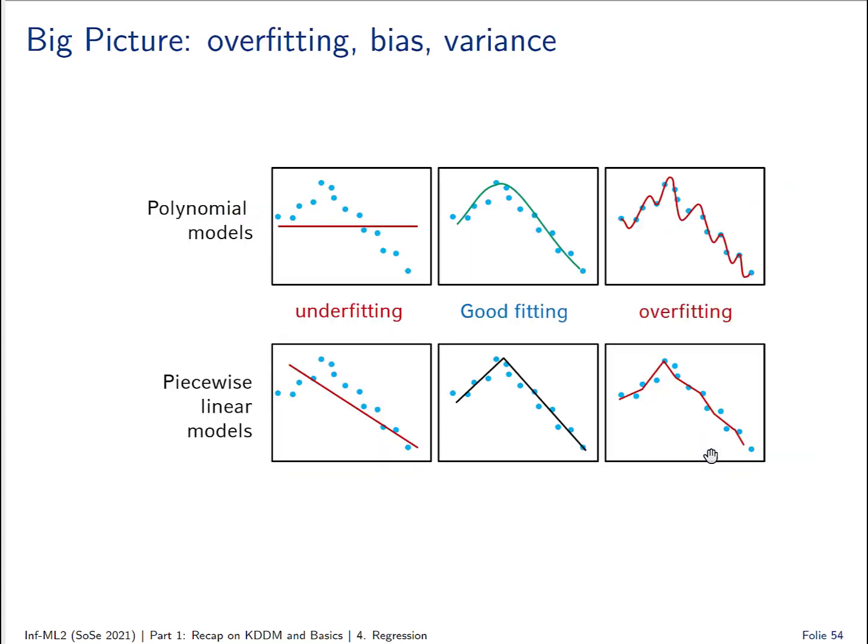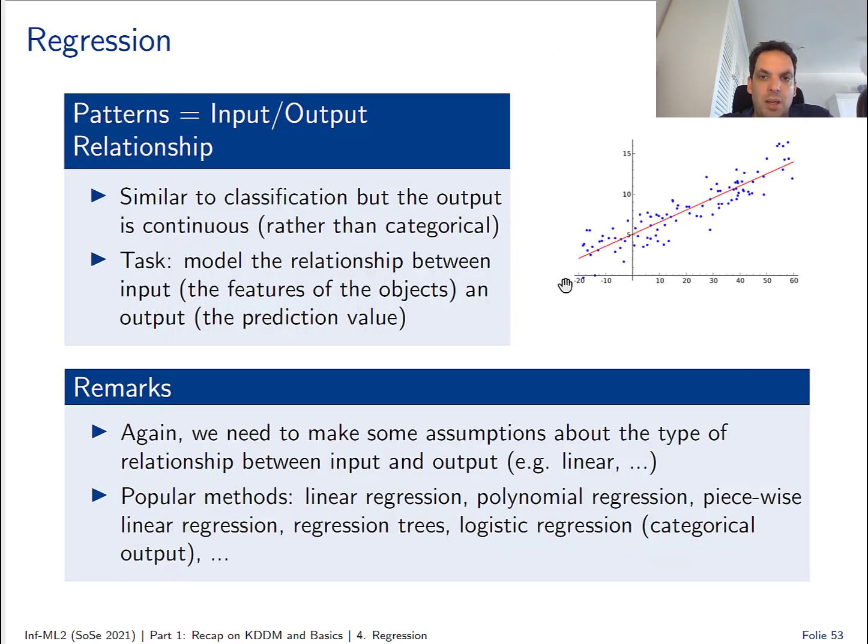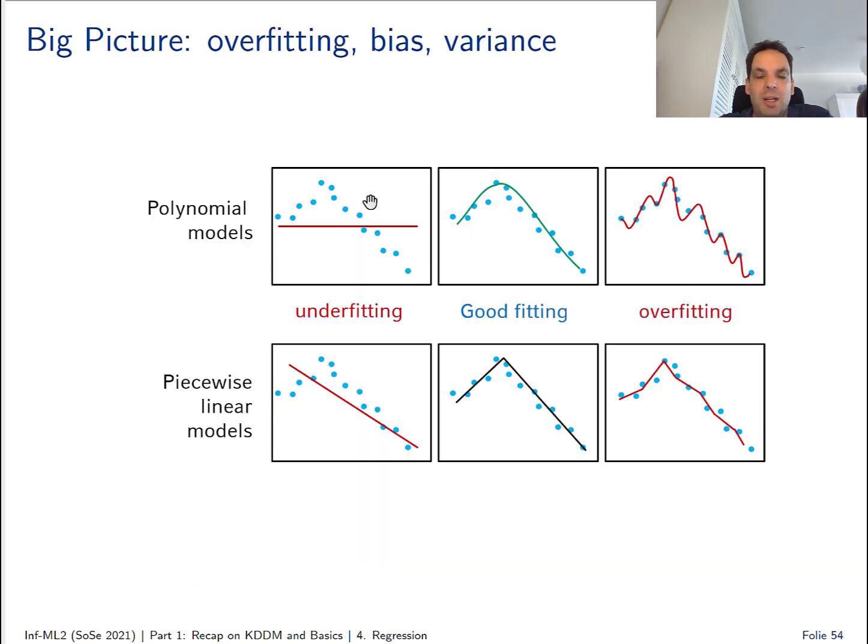Okay. Good. In regression, just so that you know, we typically have to again trade off overfitting and underfitting. First of all, we see here different models for the same data set, so for the same observations. The X is the input, the Y is the output, which should be predicted.